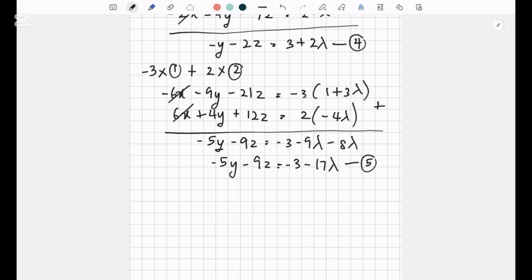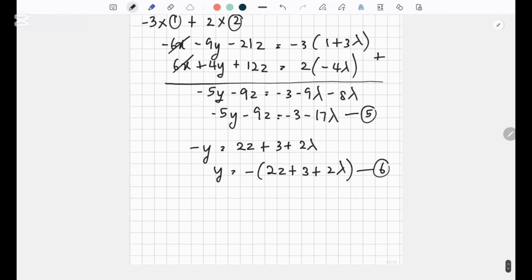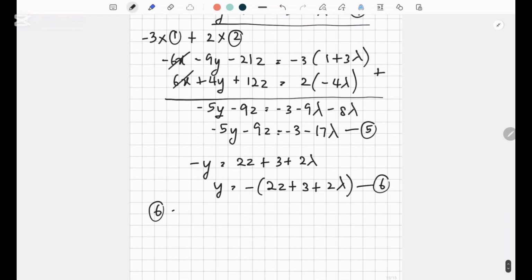So we can substitute y from our fourth equation. You can write that as minus y equals 2z plus 3 plus 2 lambda. So y equals minus the whole thing, right? We can name that as the sixth equation. So substitute the sixth equation into your fifth equation.